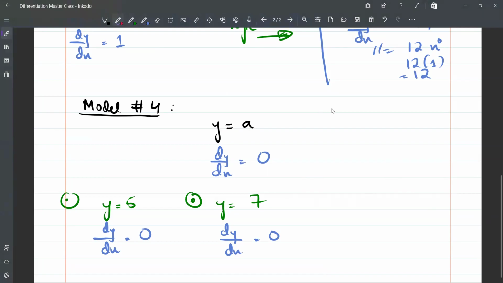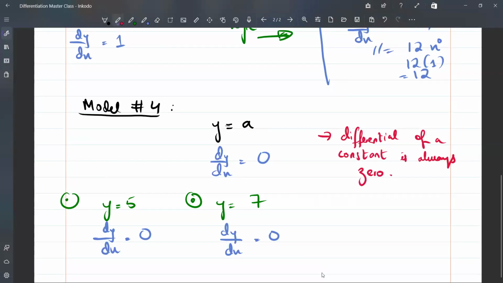So yeah, we can also write that the differential of a constant is always 0. All right.